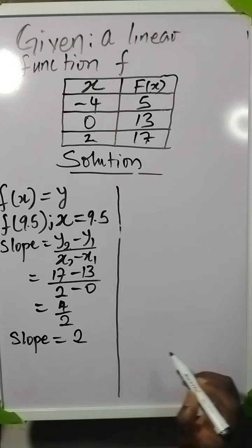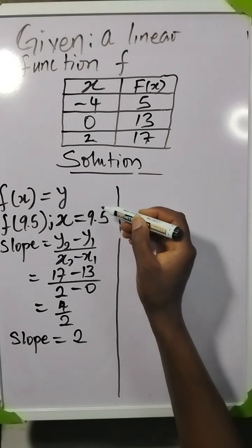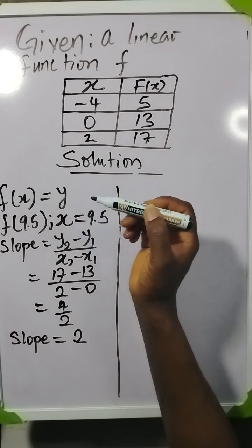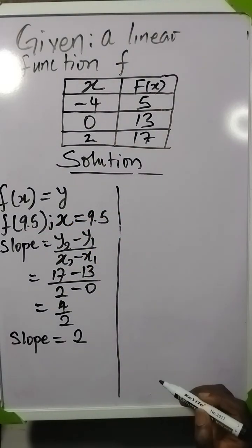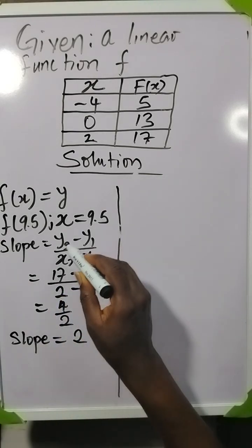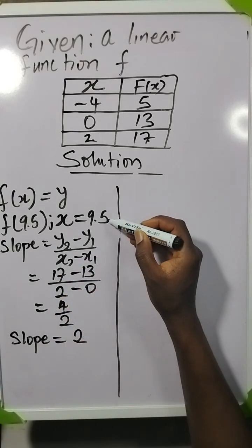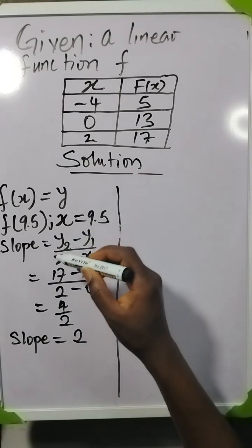is 2. So since the slope is 2, and we are looking for the value of y when x is 9.5, and that slope is the same at every point, what we're going to do is use the formula for this slope. We know the x value of what we're required to find. What we're looking for is the y value.